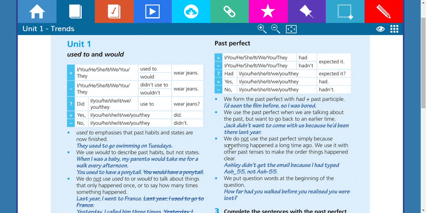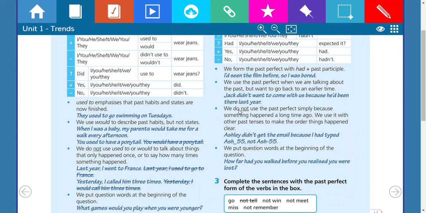Okay, continue. We do not use the past perfect simply because something happened a long time ago. We use it with other past tenses to make the order of events clear.